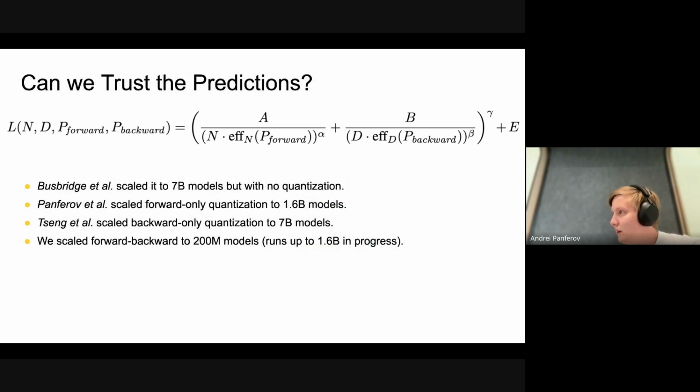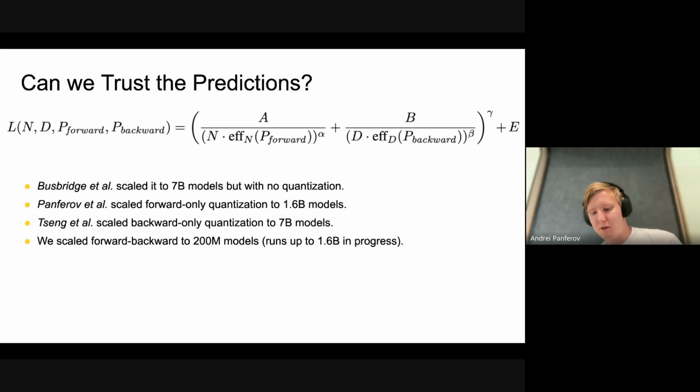So one question that one might ask is that if we want to use this scaling law for performance extrapolation, we need to be sure that it actually extrapolates well. And this is sort of a question of how to verify that your scaling law extrapolates without actually running larger runs, and thus interpolating instead of extrapolating.